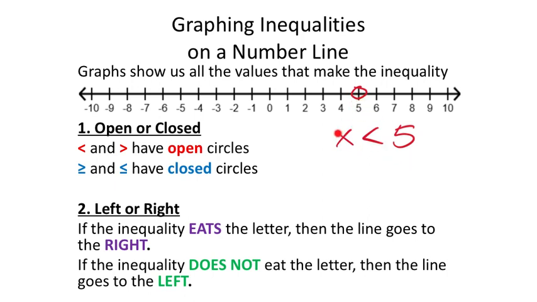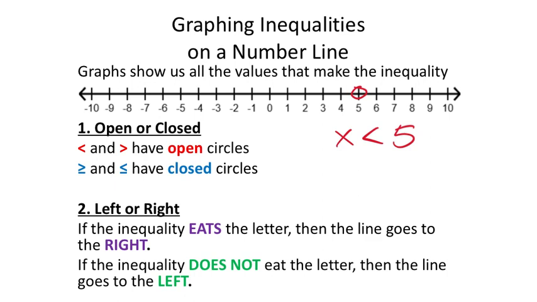Because if I replace the x with 5, 5 is not actually less than 5. That's false. So that's why we would have an open circle to demonstrate that. And if for some reason it had an equal part on it, then we would close the circle, which would demonstrate that that value would make the inequality true.